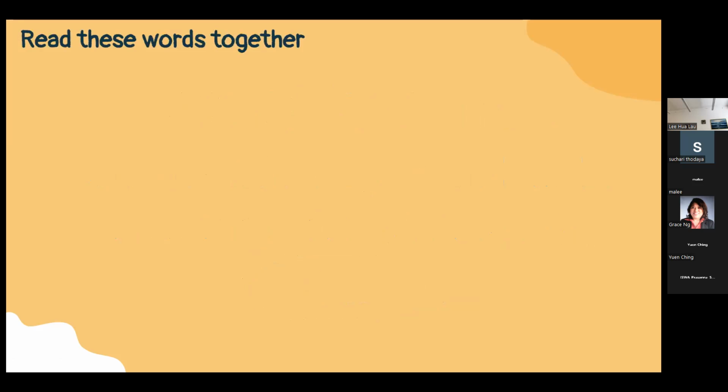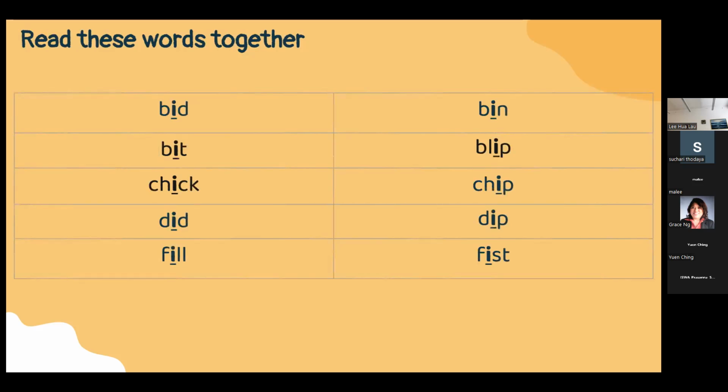Let's read these words together. There are 10 words here. So the first word, how do we say it? Bit. Okay, the next word.